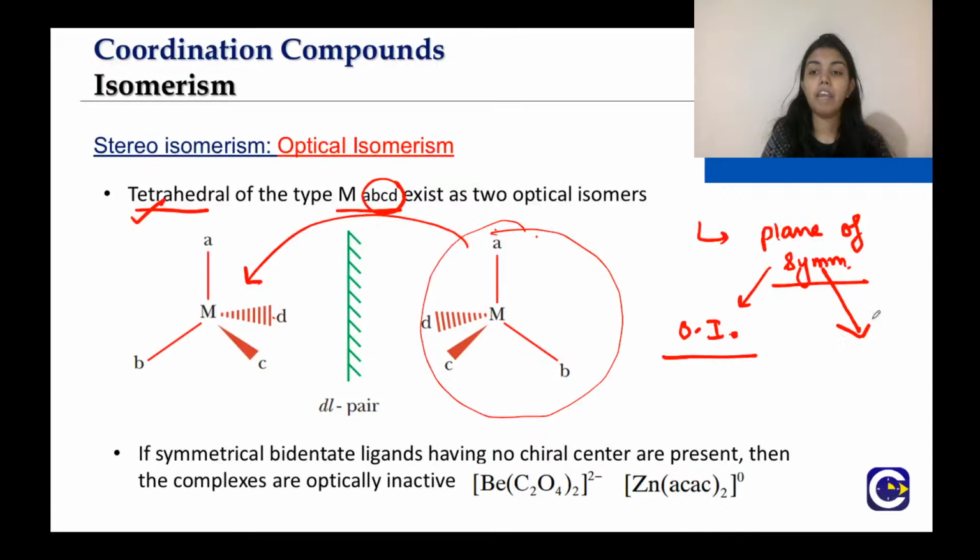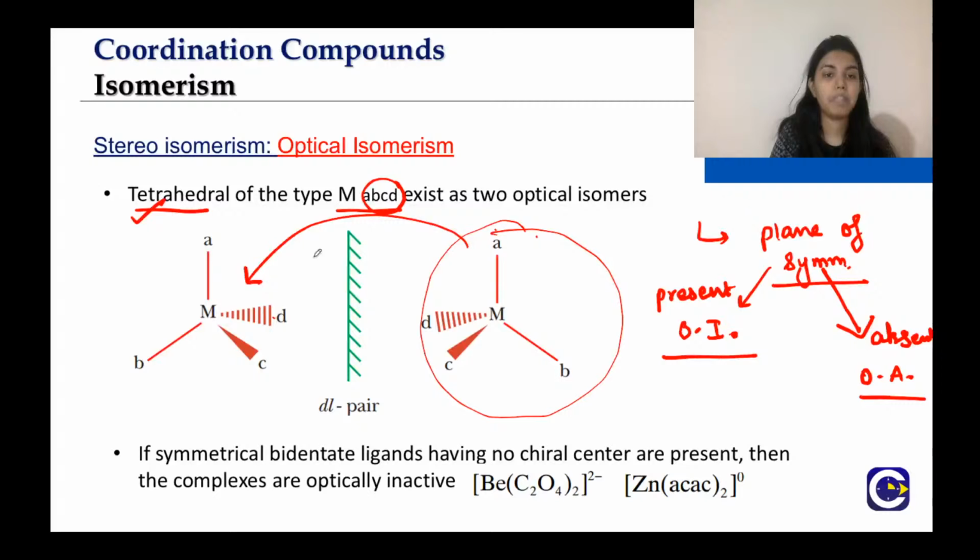While if the plane of symmetry is absent, then the complex will be optically active. So here there is no plane of symmetry, therefore the complex's mirror image will not be superimposing on it, and therefore it has an optical isomer, right? So one will be dextrorotatory and the other will be levorotatory, right?